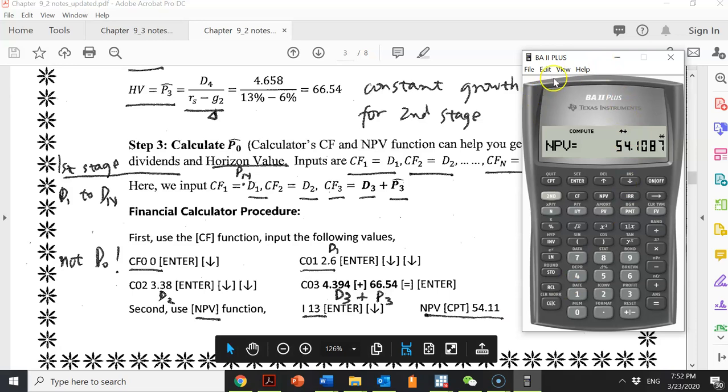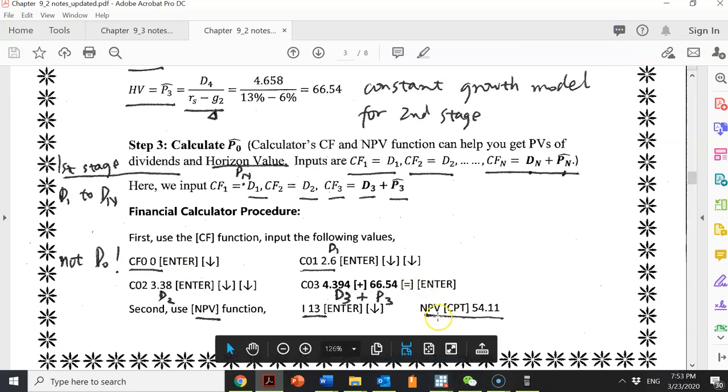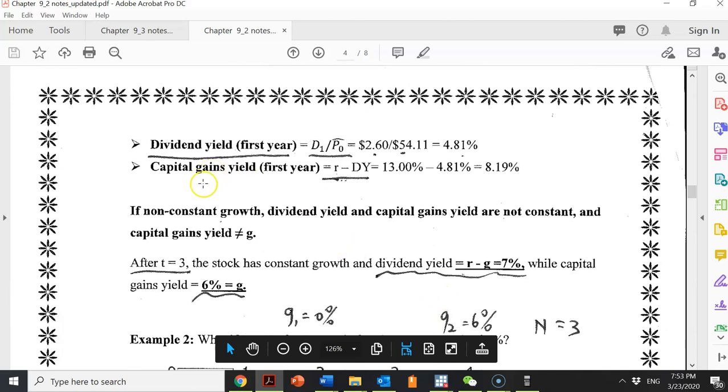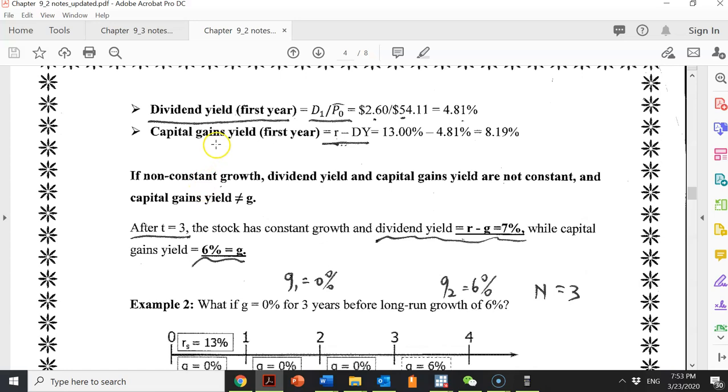Let me minimize this calculator window and continue with this example about how we can calculate dividend yield and capital gains yield for both stages.